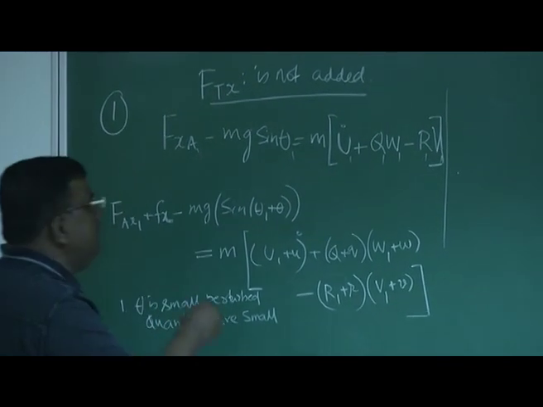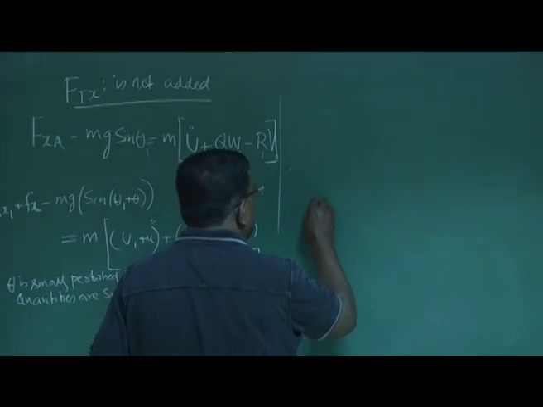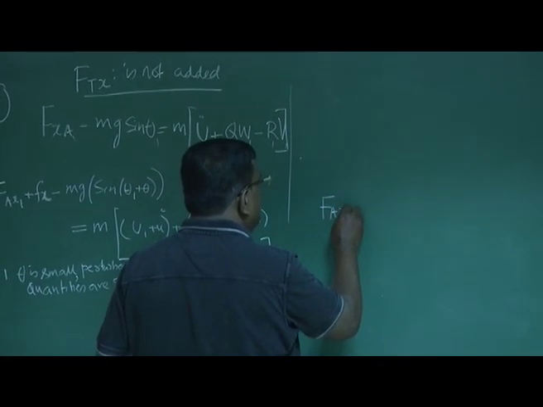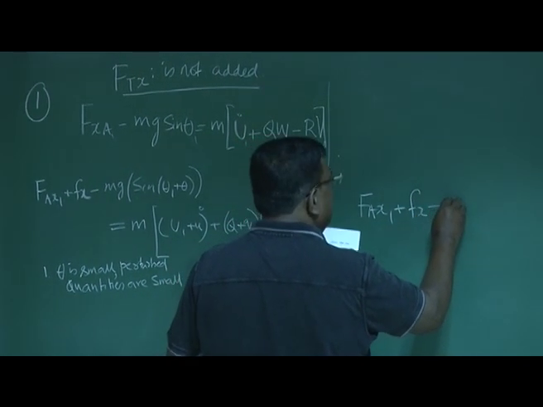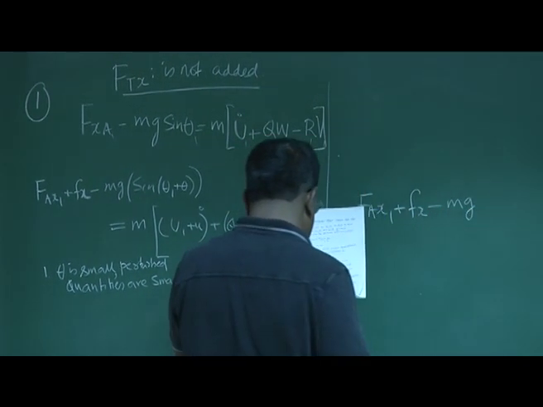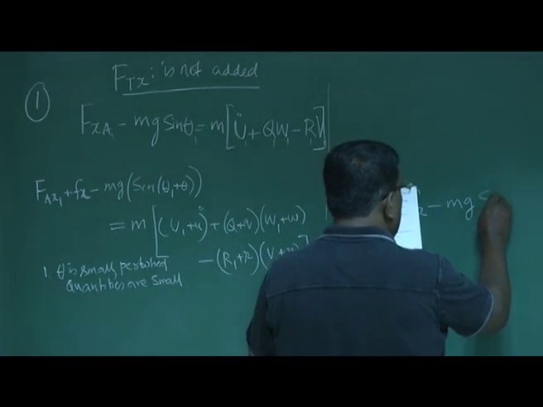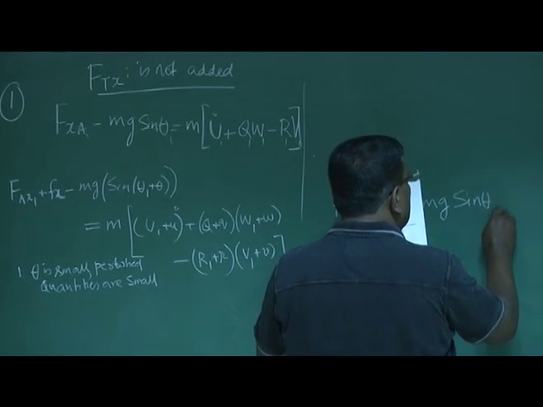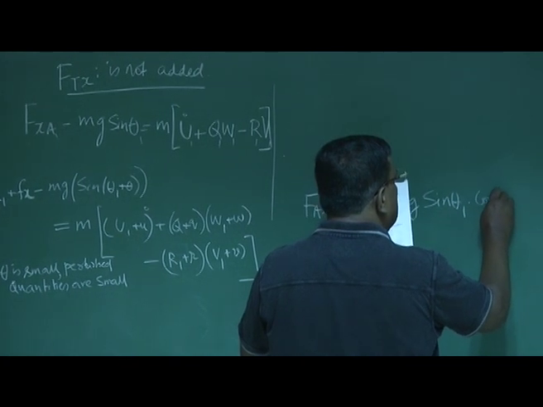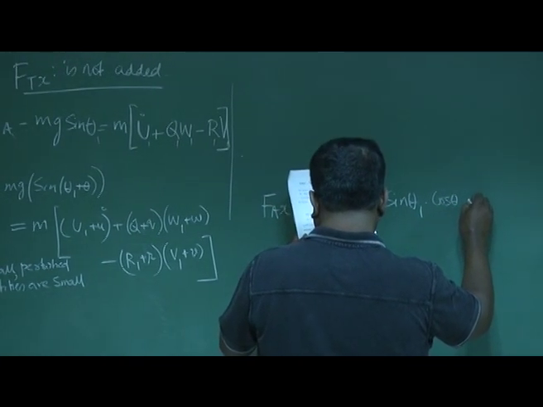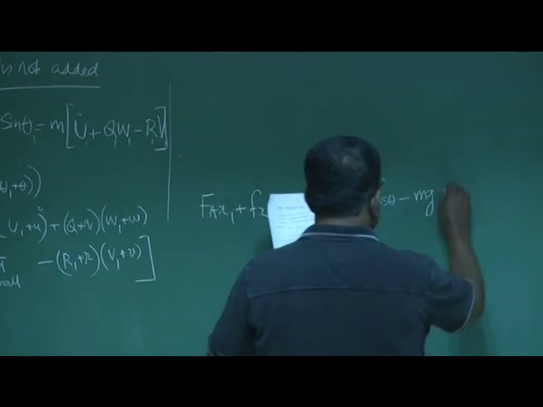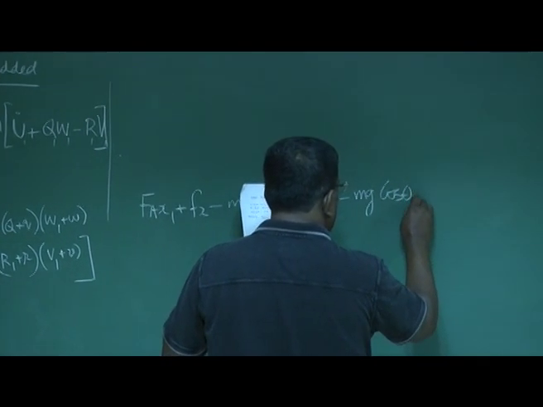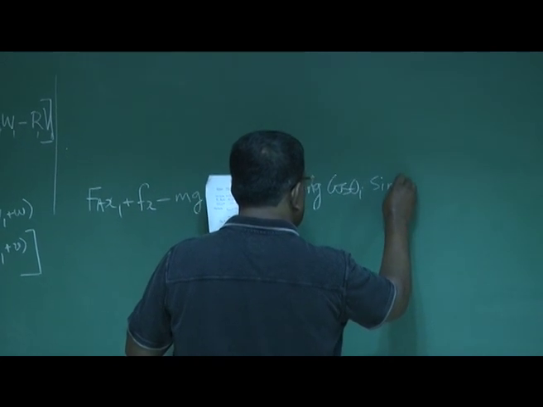If I expand it, what I will get is Fax1 plus small fx, minus mg sine theta 1 cos theta, you should also do it. If I commit a mistake, you should be able to correct it, cos theta 1 into sine theta.